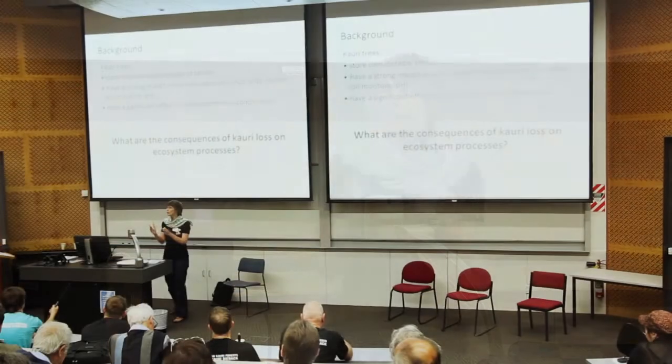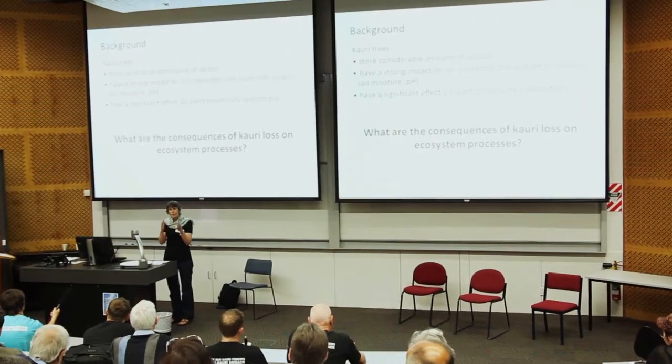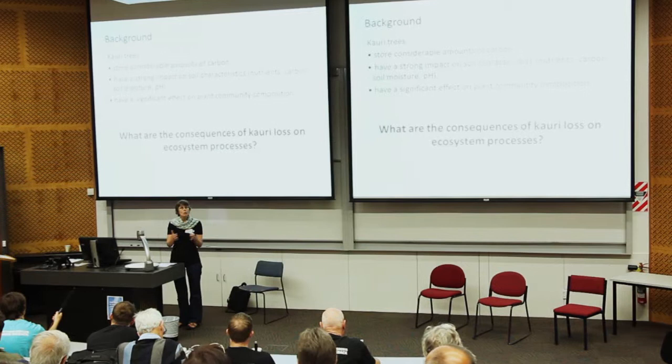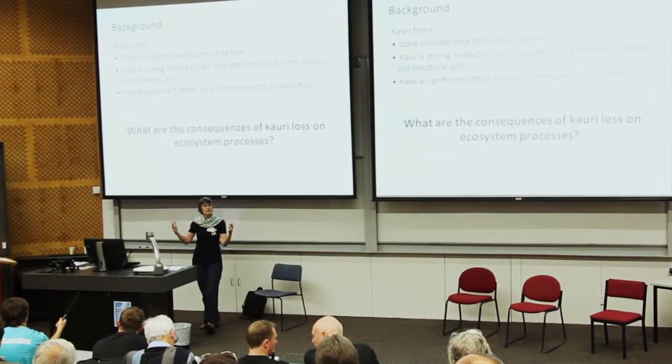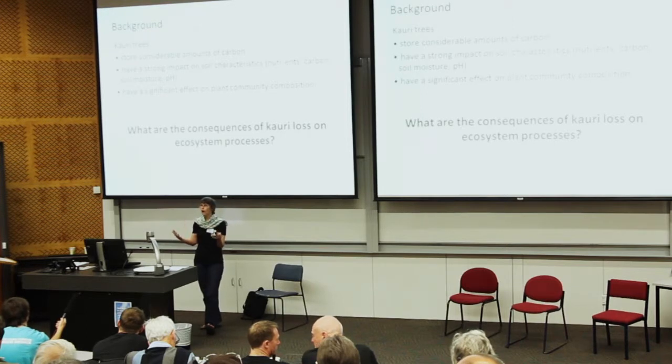So if we bring it up from an individual tree, which is dominant in its system, and broaden it to an ecosystem scale, a Kauri forest stand, what are the consequences if we lose these fundamental or keystone species?